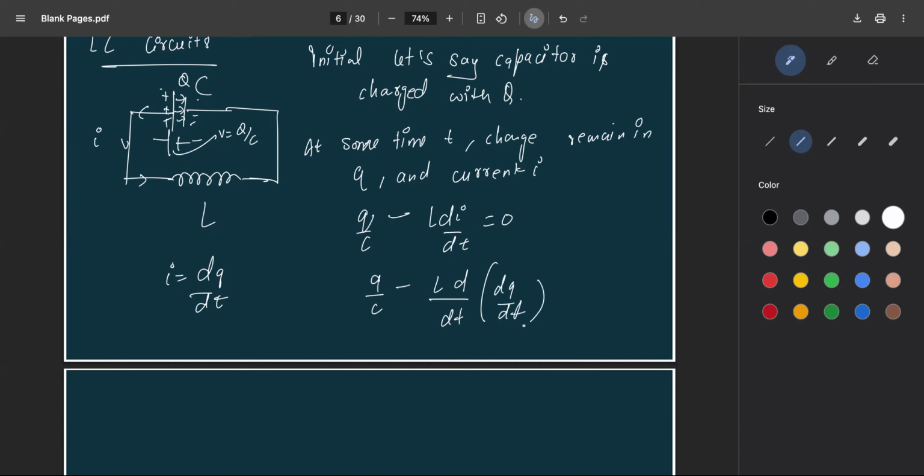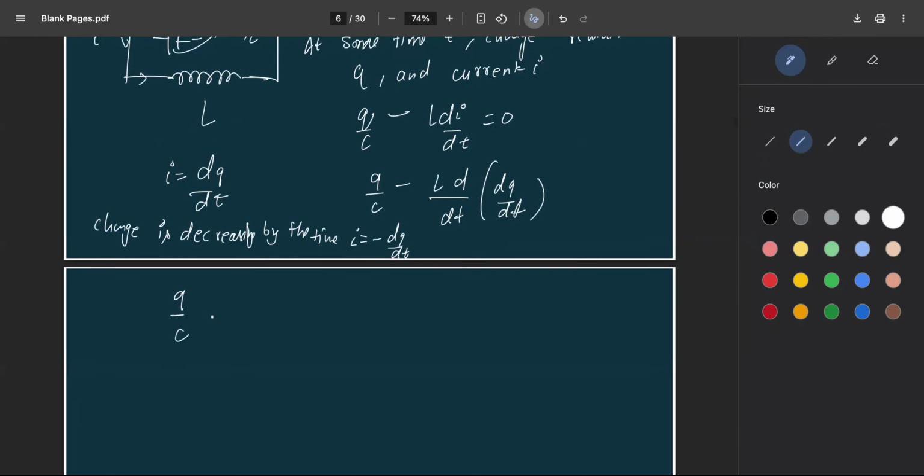There is one more point: charge is decreasing with time, because the potential is decreasing. So I will come out as minus dQ by dt. The rate of change is negative. So you get Q by C plus L d squared Q divided by dt square. Is this clear till now?